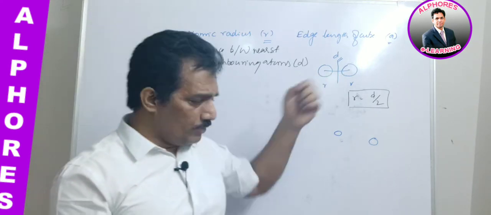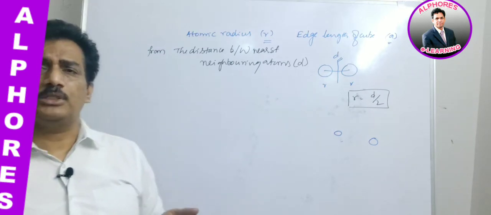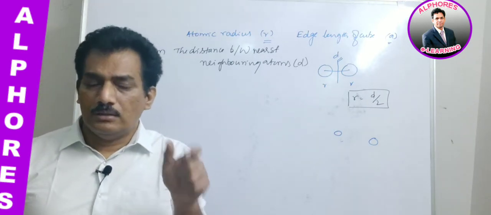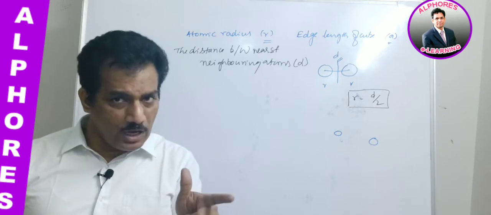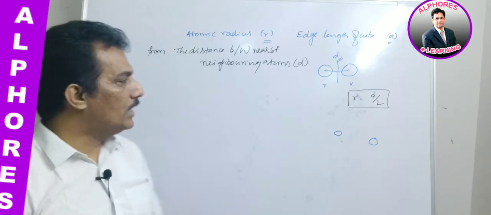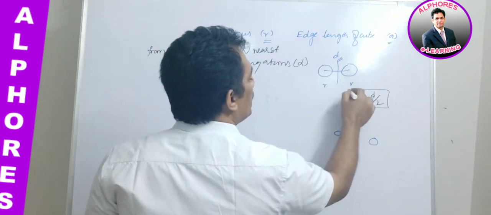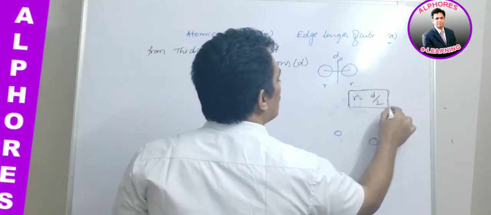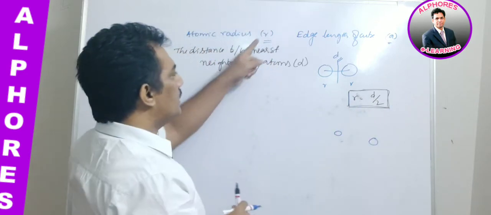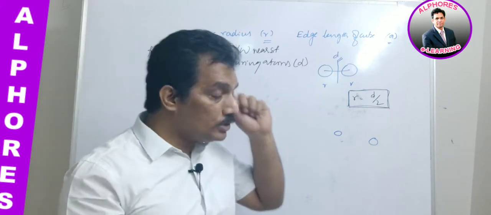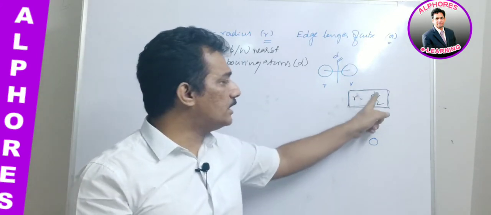Whatever, when we are finding, the purpose of measuring is nothing but to find the nearest neighbors. First of all, we have to find the nearest neighbors. Once we know the nearest neighbors distance, D by 2 is nothing but radius. Just you remember this. So now when we are finding this relation between R and A, first of all you should keep in your mind that R is nothing but D by 2.